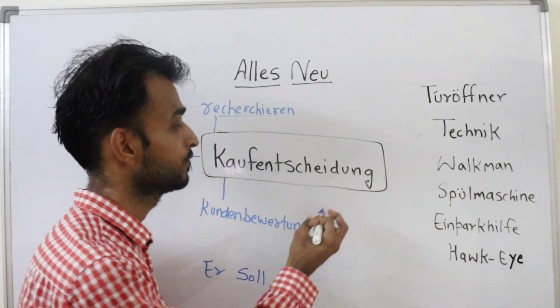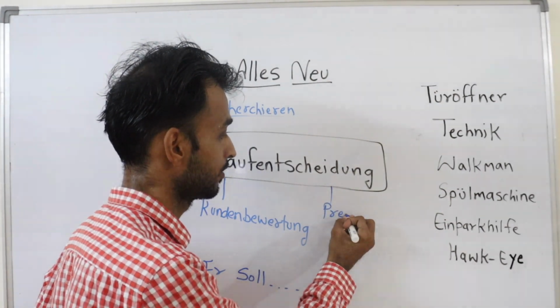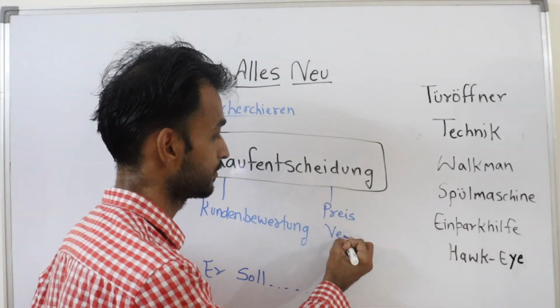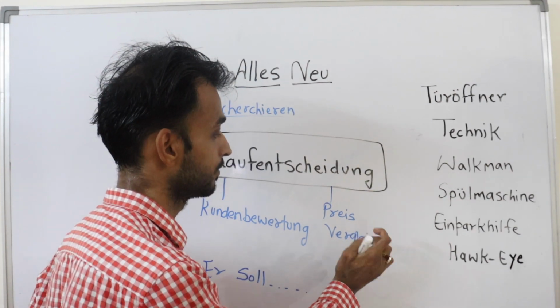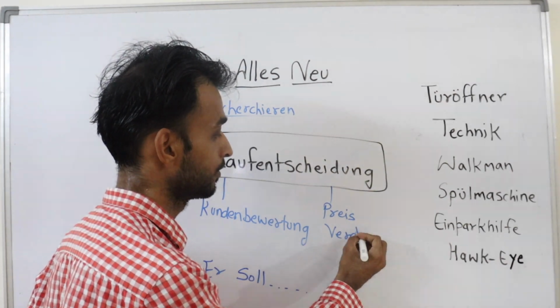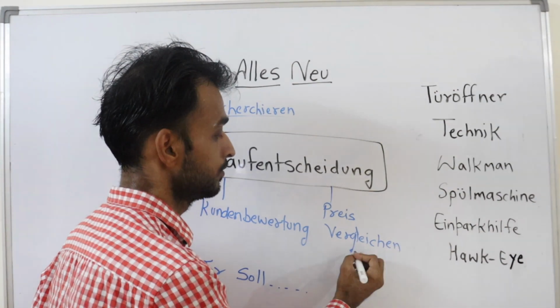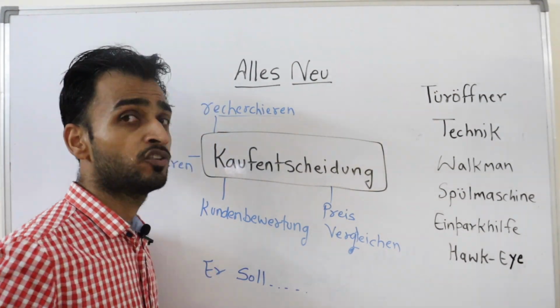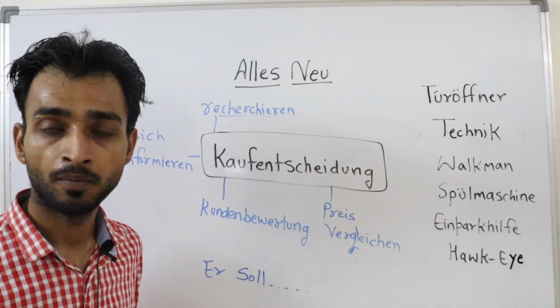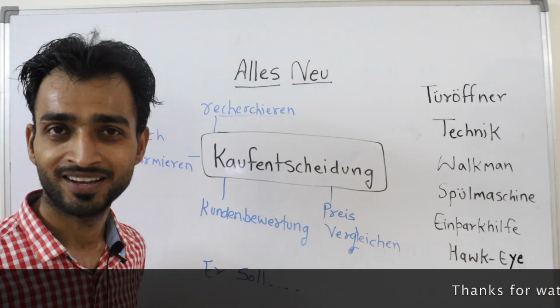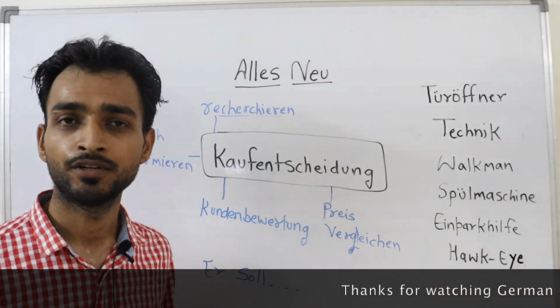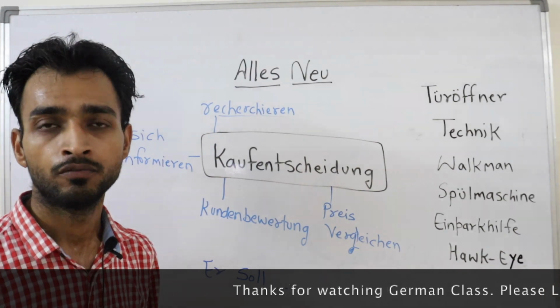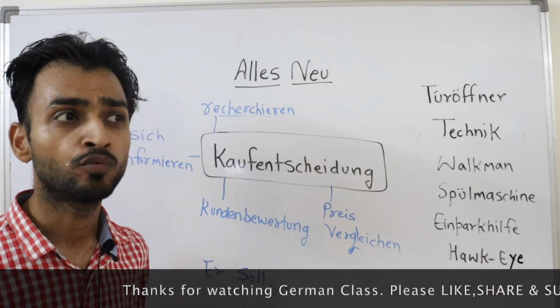We also do sometimes Preisvergleich, comparison. Which product is better? We decide, okay, compare, and then Vergleich machen. This is very, very important. I think everyone does this. Whenever we go for shopping, we bargain or we compare the price.